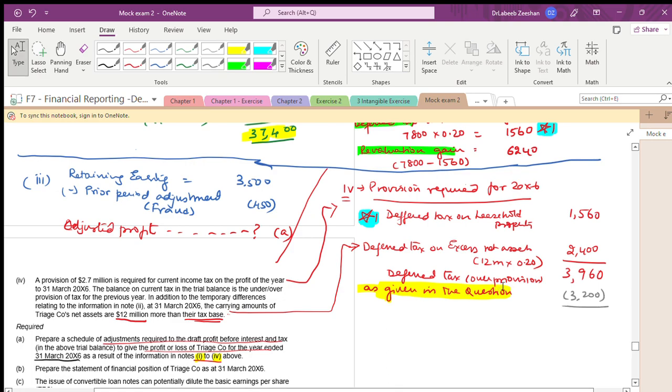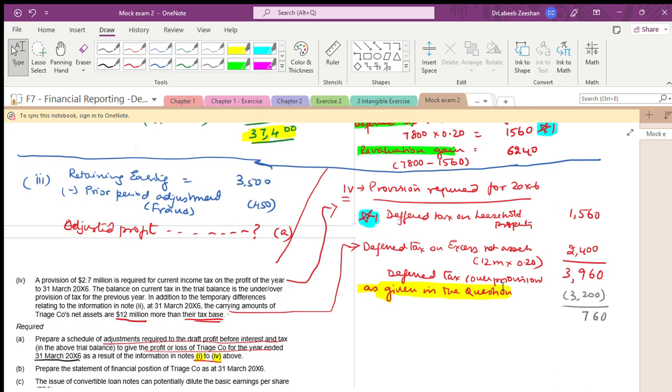Already they have created a provision, okay? Already we have created a provision, 760. Already see 1,560. 1,560 is the deferred tax on leasehold property.